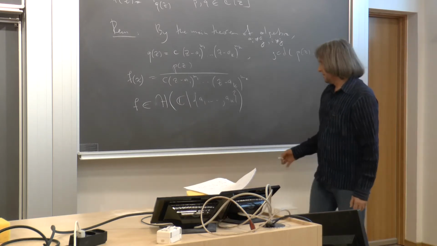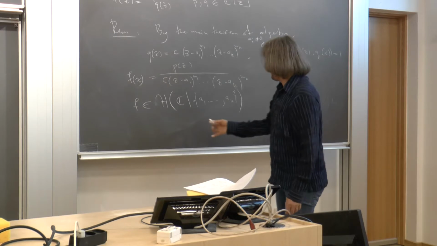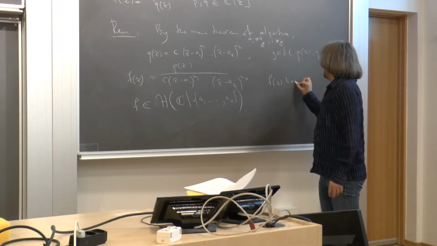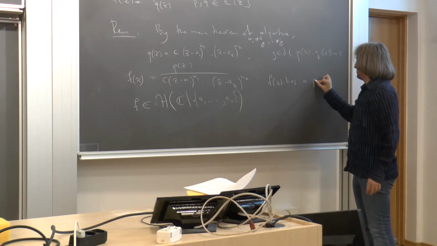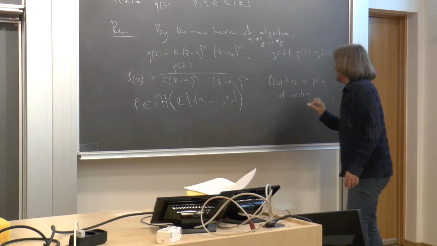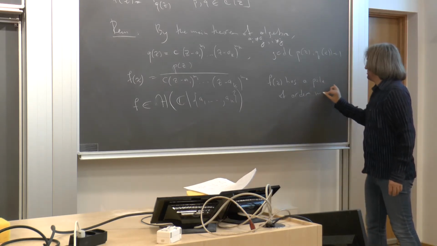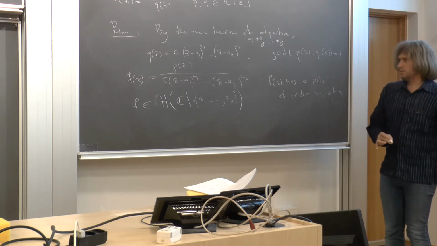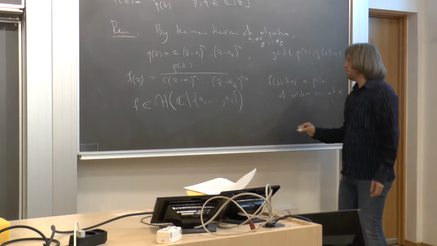And also, f of z has a pole of order mi at ai. So to see that, we need to multiply.